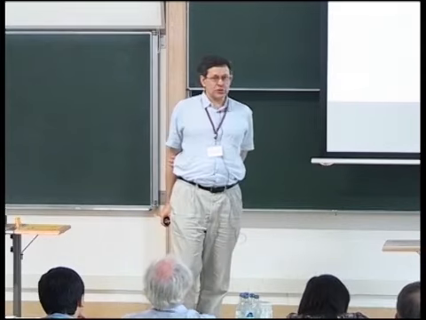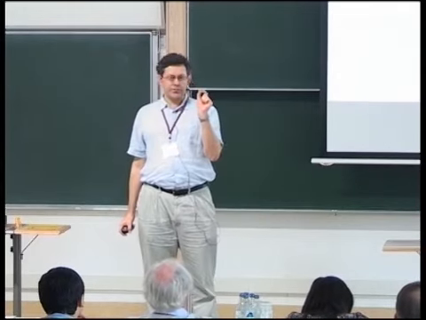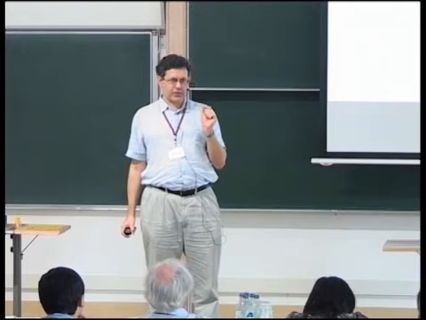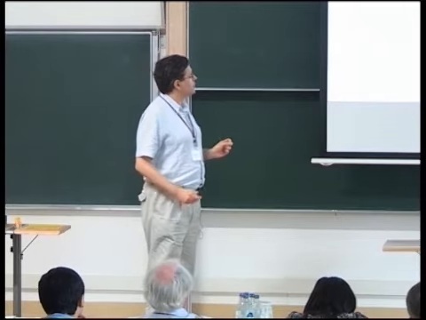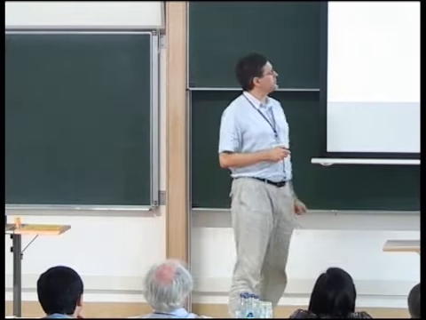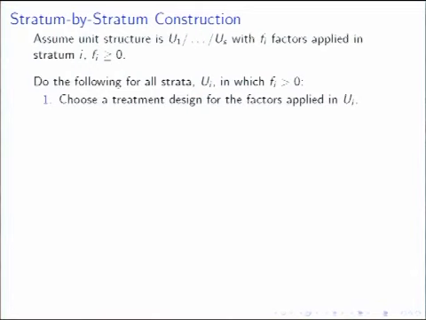So first of all, we think of just the treatment factors applied in a particular stratum and choose a good treatment design for these factors, pretending there is nothing else. So choose a treatment design. That can be done by choosing a D-optimal treatment design, or it can be done by choosing a nicely structured treatment design, such as a central composite design.